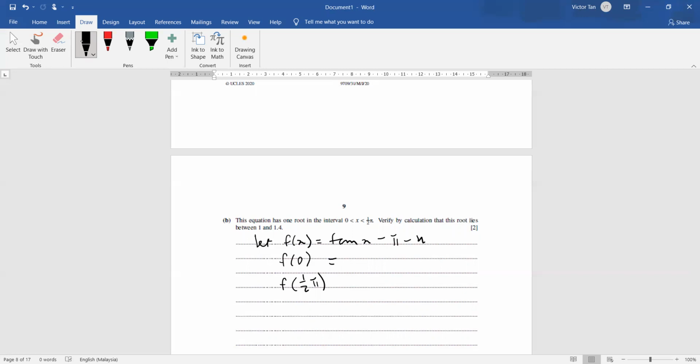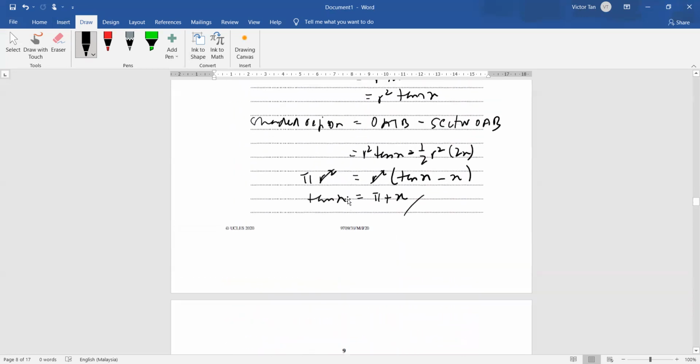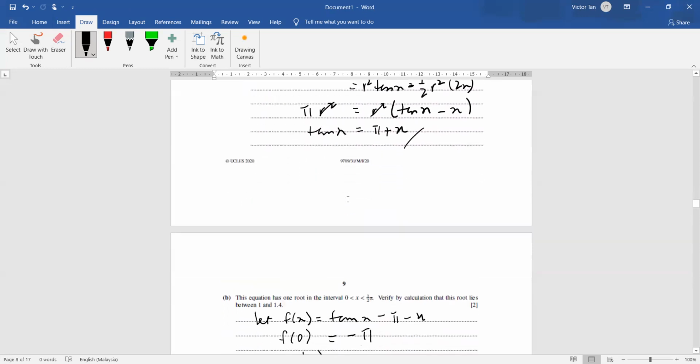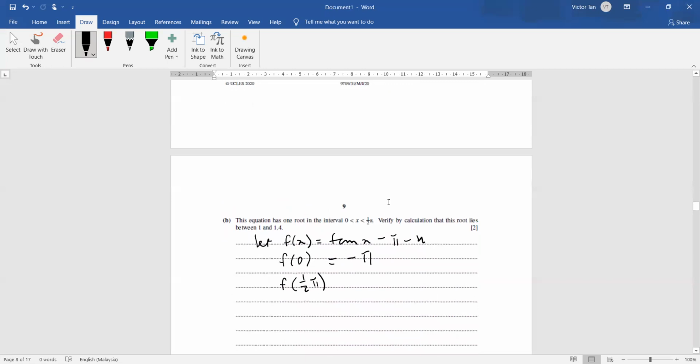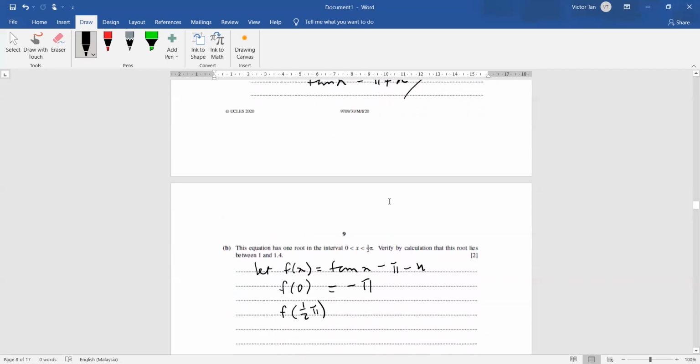Tangent 0 minus pi minus 0, this is just minus pi. Oh, okay. So it's not defined for tangent half pi. Tangent half pi is an infinite value.